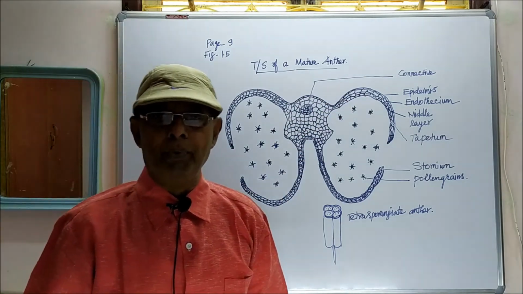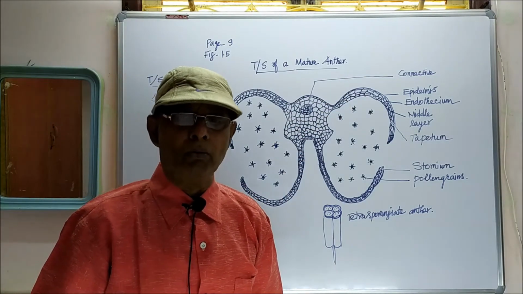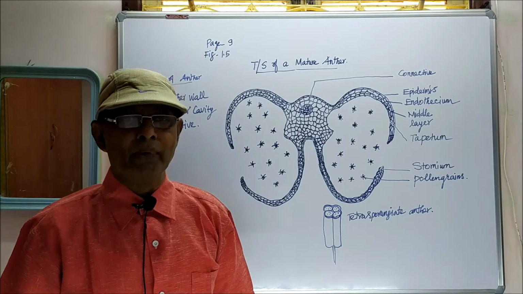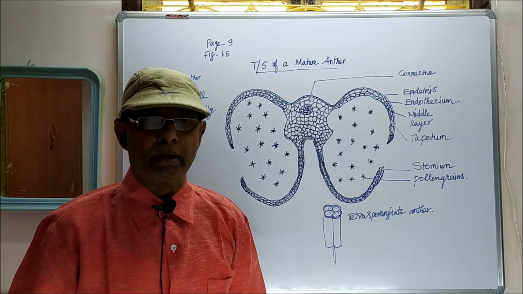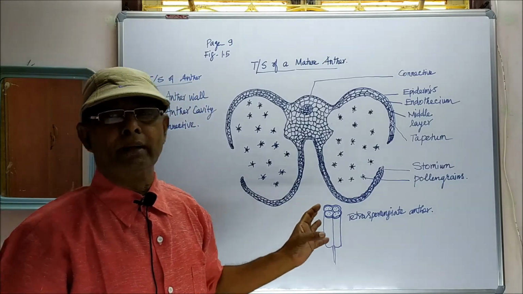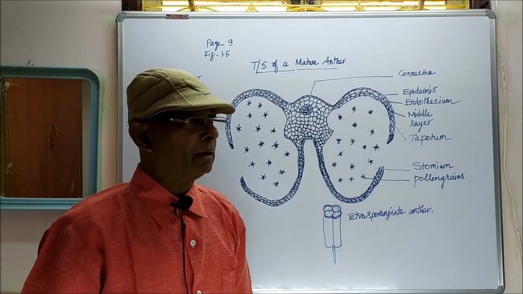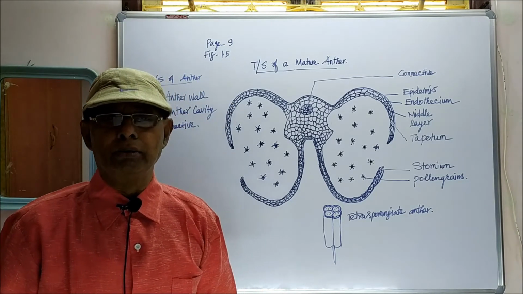It is a single layered one. The main function of the epidermis is to protect the inner tissue of the anther. That is the epidermis.